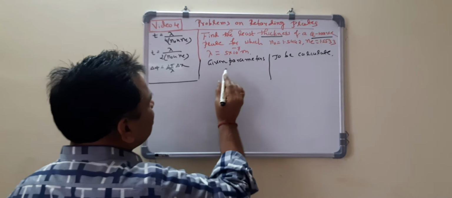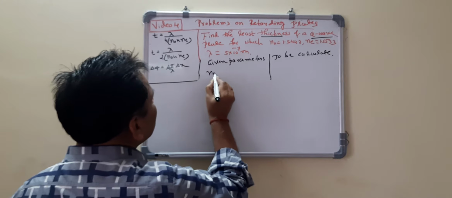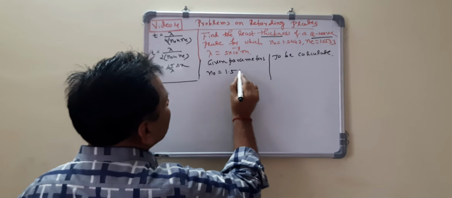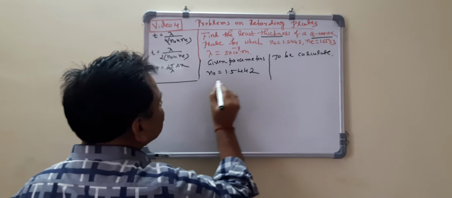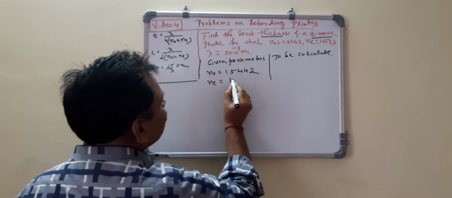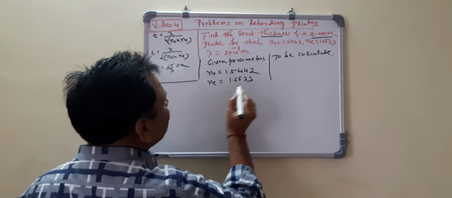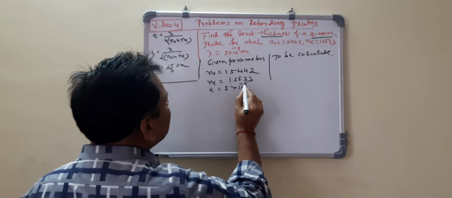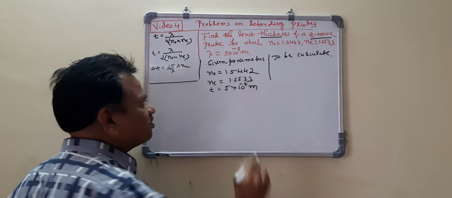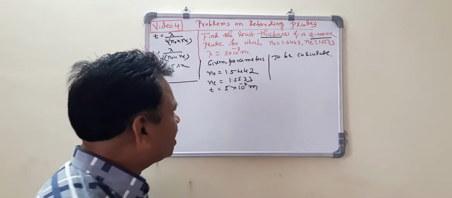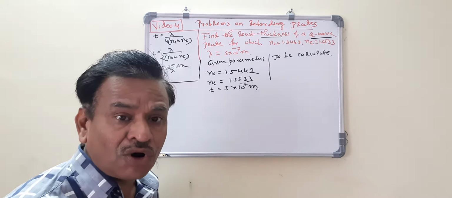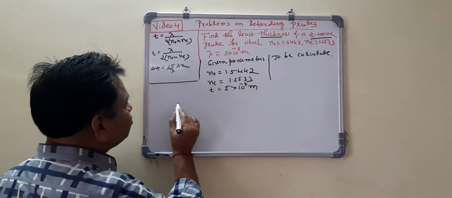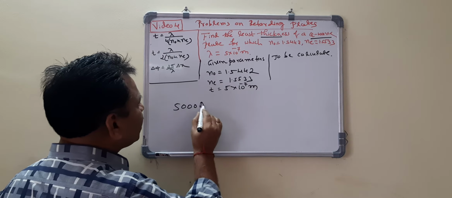Here, the given parameters are n_o equal to 1.5442, n_e equal to 1.5533, and lambda equal to 5 into 10 to the power of minus 7 meter. Sometimes they give it in terms of angstrom. Suppose 5000 angstrom, how do you write it?